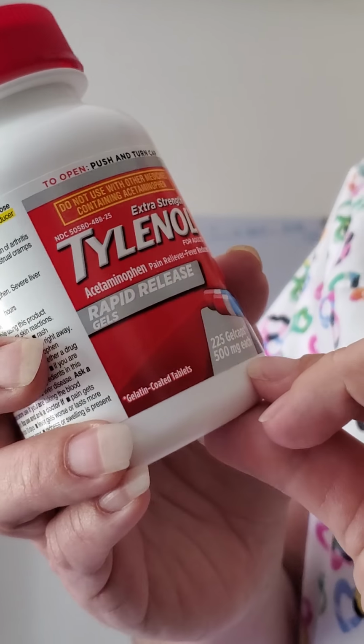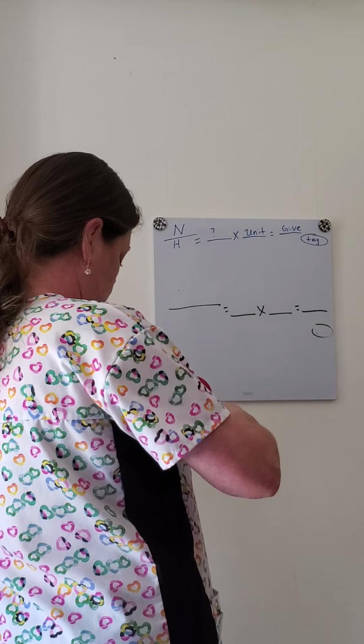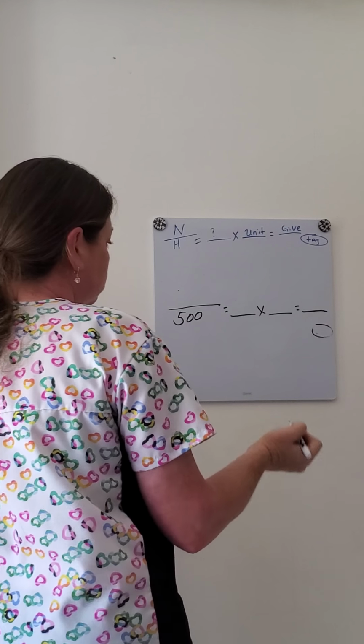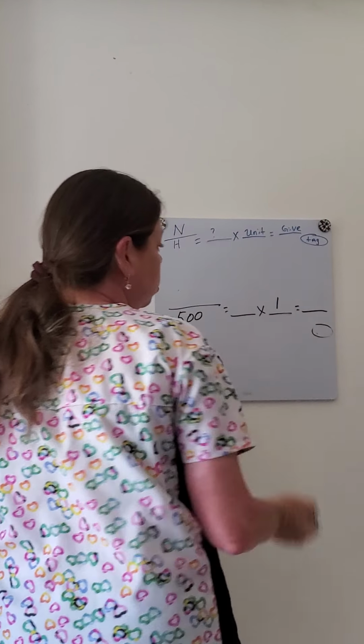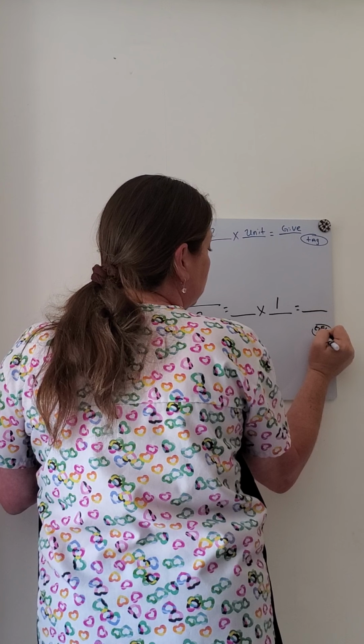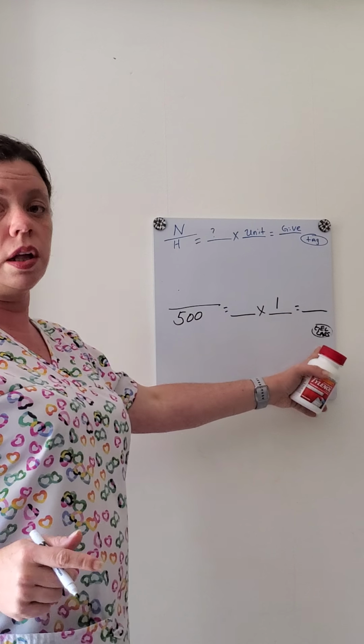Okay, for each gel cap. So the dose I have is 500 milligrams. It's in a pill form, so my unit is 1. And these are gel caps. I'm sorry if you can't see that as well, but it says gel caps.